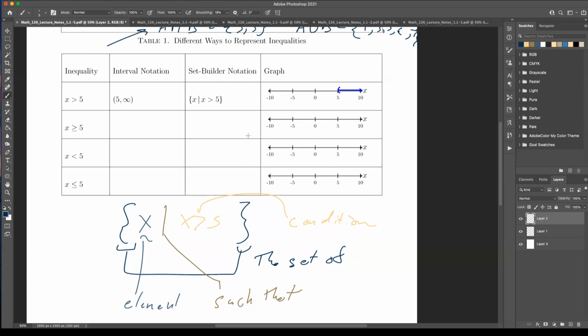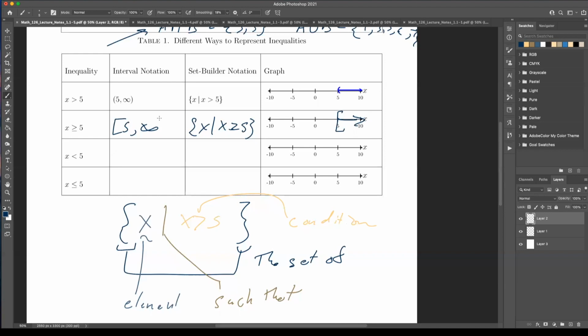Go back to my blue now. So here we have less than or equal to. Here we're going to use a bracket with 5 and the infinity symbol. And then set builder notation is this: X less than or equal to 5. And here we're going to go from 5, and instead of this, we're going to put a bracket in here. I'll go ahead and draw the arrow that way.